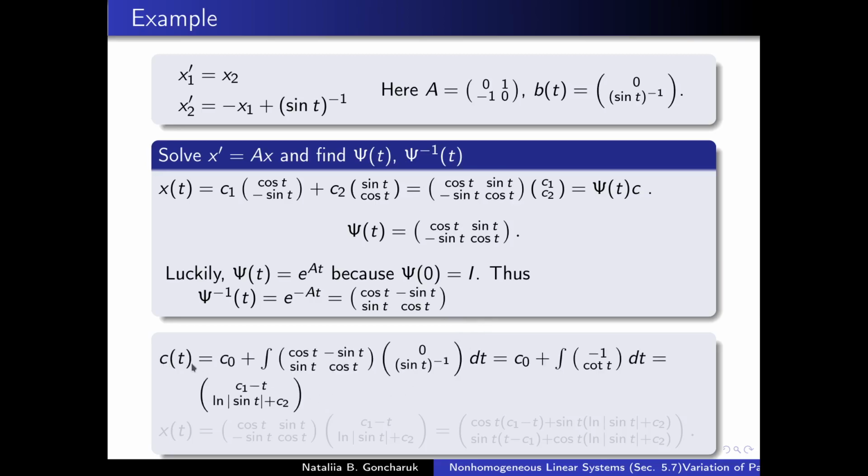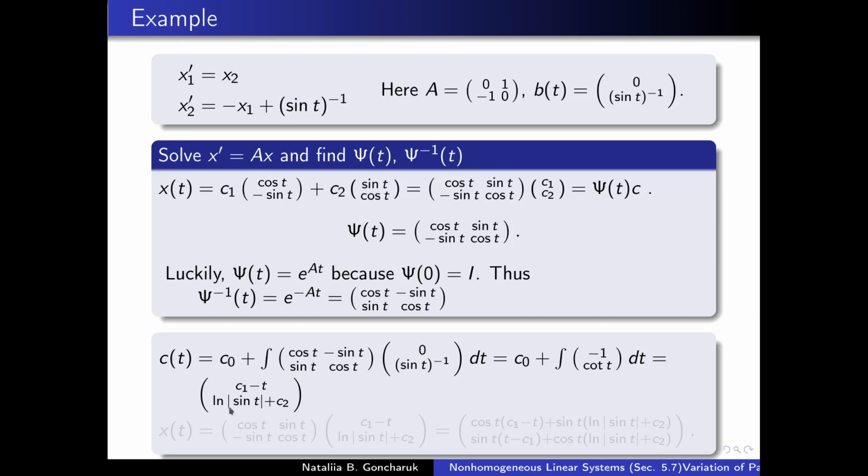So this c is a constant vector plus the fundamental matrix to the power minus 1 applied to the non-homogeneous part, this b. Then you should multiply this matrix by a vector, that's what you get. And then you integrate this vector, which means that you integrate both components of the vector.